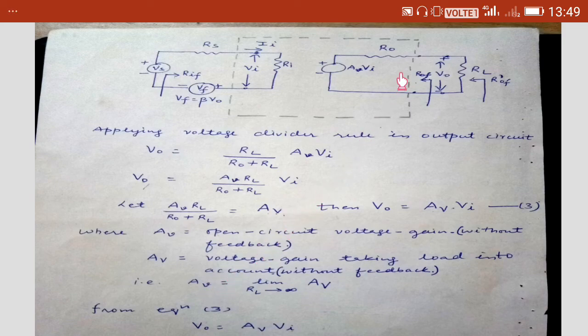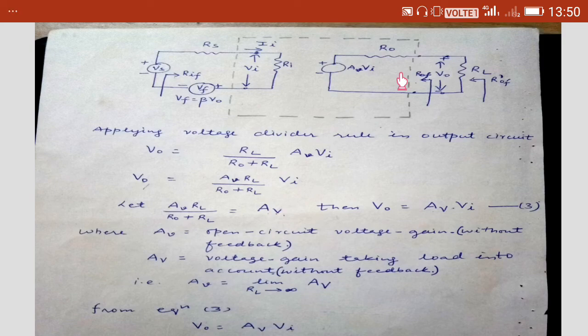This is your output section. V0 is the quantity of this output section. So we can easily apply the voltage divider rule in the output circuit. By applying the voltage divider rule, V0 will be RL upon R0 plus RL into Av Vi, because Av Vi is the voltage in the output circuit and there are two resistances connected in series, R0 and RL.